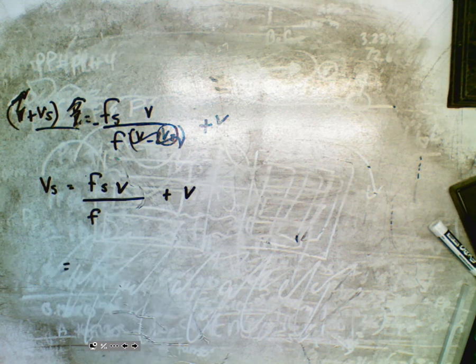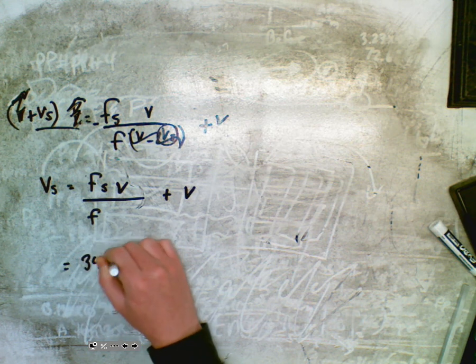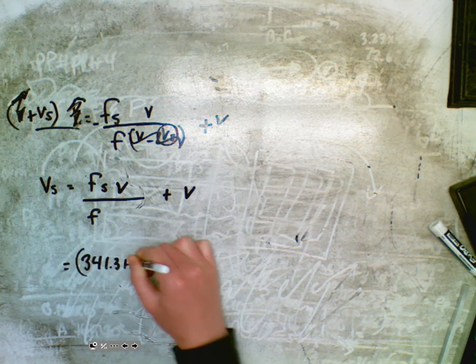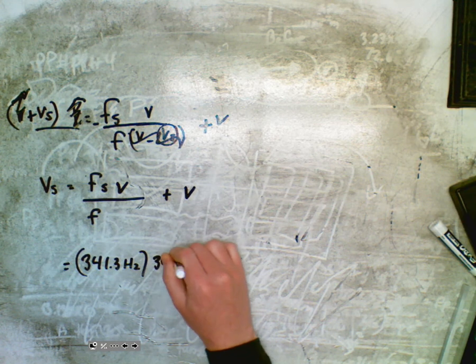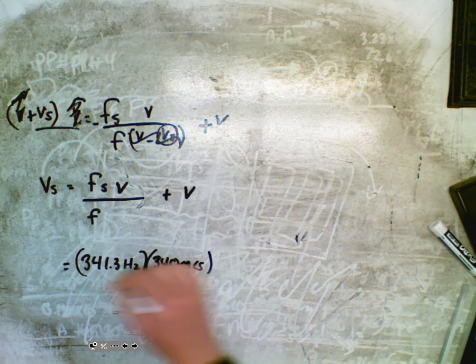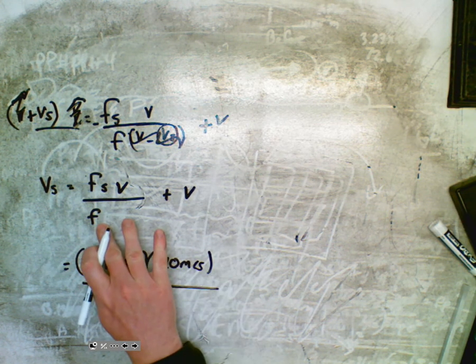So they tell us that the frequency of the source, that's the actual frequency, is an F note. And in that chart, it tells us an F note is 341.3 hertz. And this V is the speed of sound, which they tell us to be 340 meters per second. And this F down below is our apparent frequency.